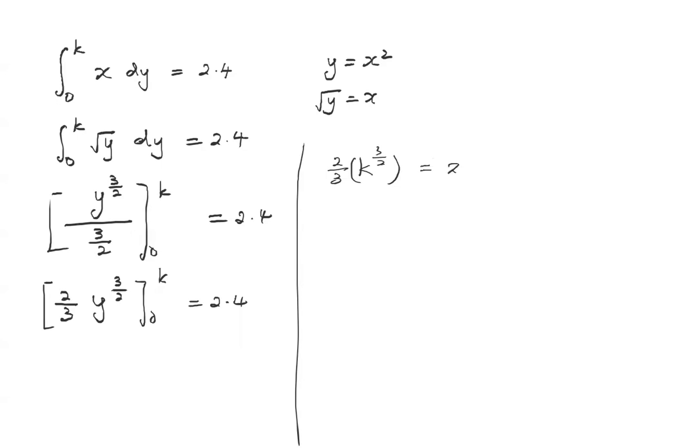So my k to the power of 3 over 2 will be equal to 2.4 times 3 divided by 2. So I will get 3.6. So your k will be equal to 3.6 to the power of 2 over 3.